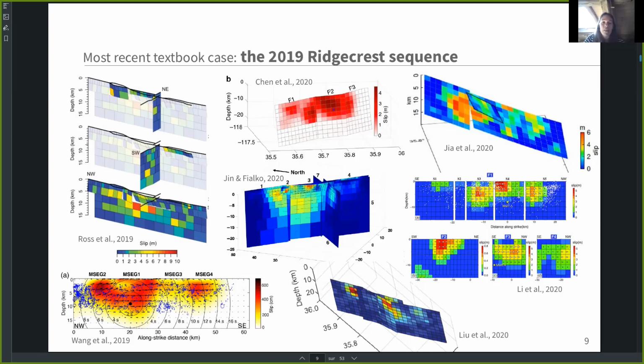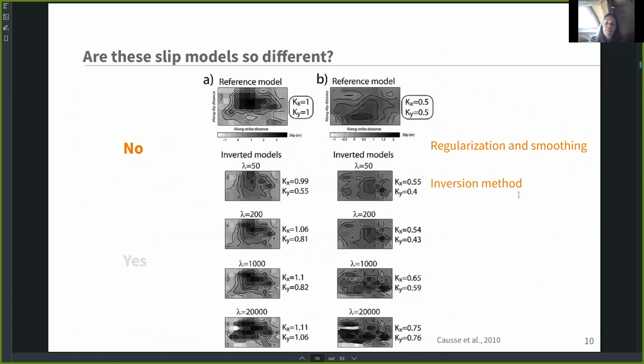Are these slip models so different? First, I would like to say no, they are not so different. I'll try to explain why. There are a lot of different solutions that can explain our data at the surface. It's very hard to image all of these solutions, almost impossible because there are a huge number.